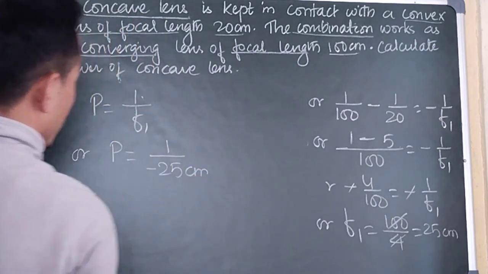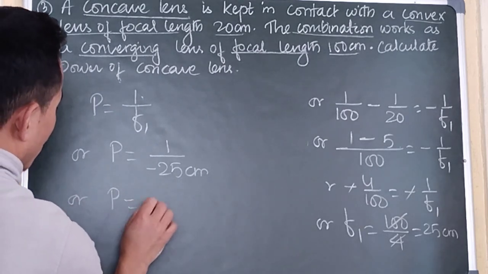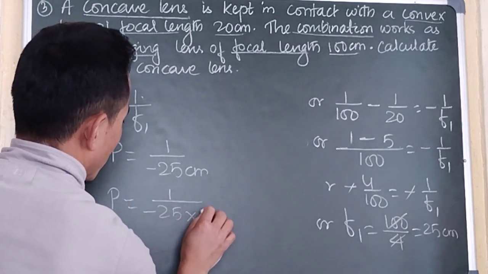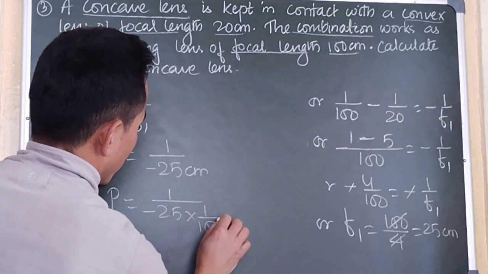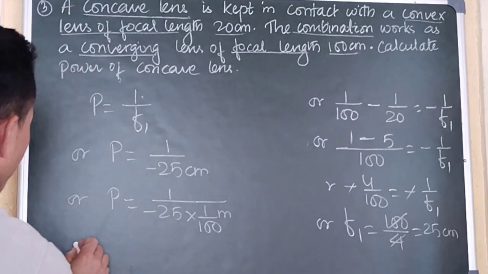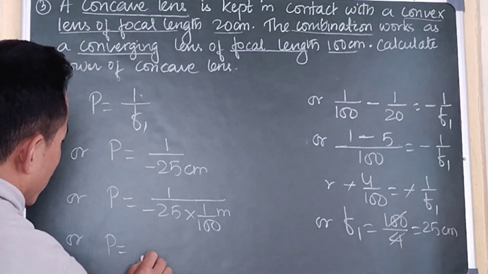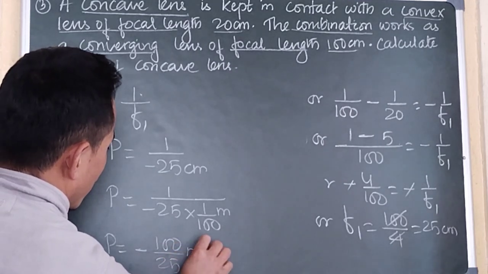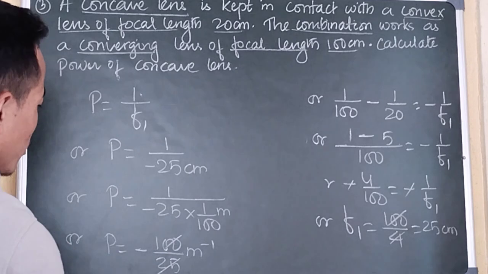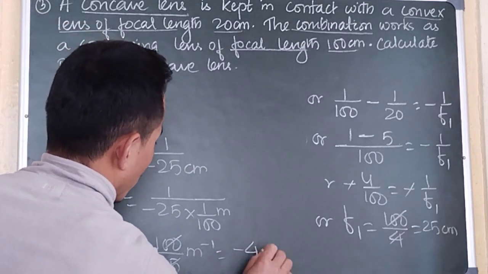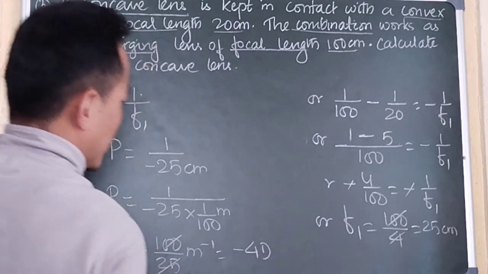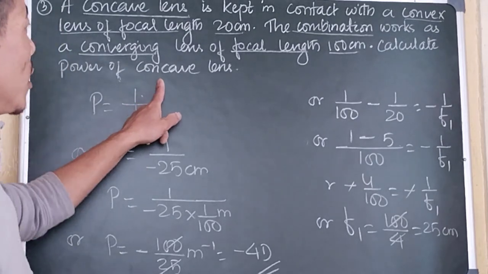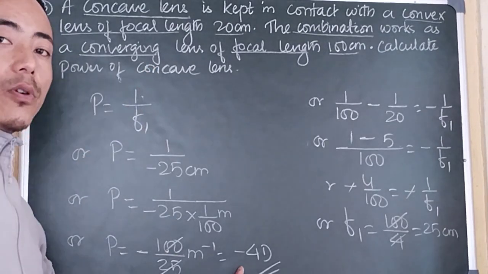Now convert centimeter into meter. 1 centimeter is 1 divided by 100 meter. So you take this value to the numerator, and it becomes minus 100 divided by 25 meter inverse. This will give you minus 4 meter inverse, which is minus 4 dioptre. So the power of this concave lens will be minus 4 dioptre.